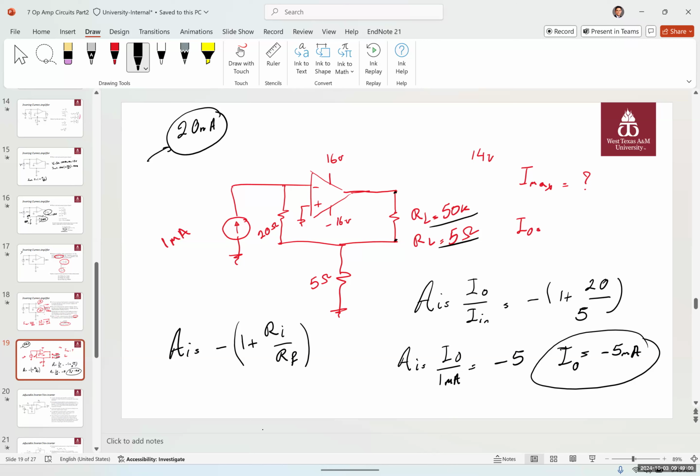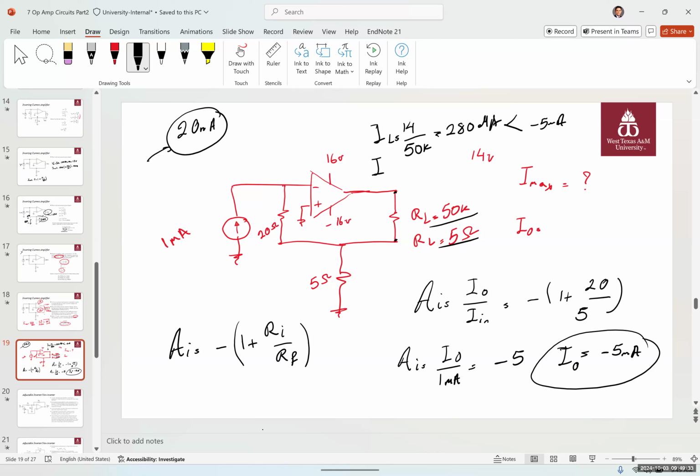If we have a 50K resistor, IL would be equal to 14 over 50K, which gives us 280 microamps, which is below this, completely acceptable. And this is below the 5 milliamps that we had.